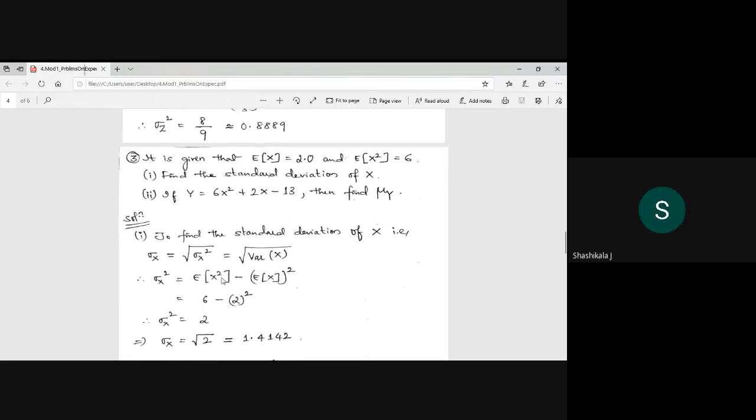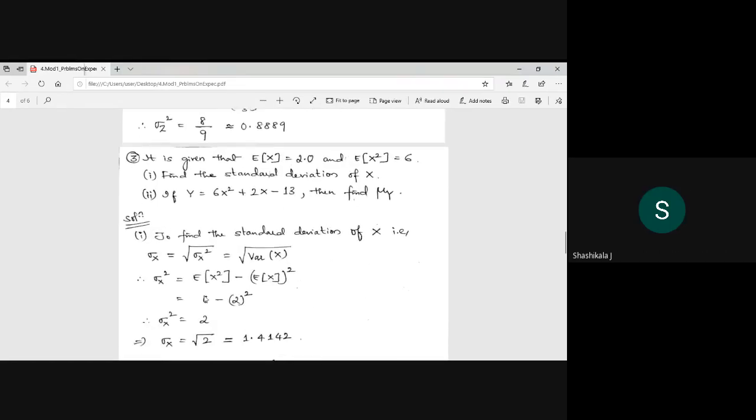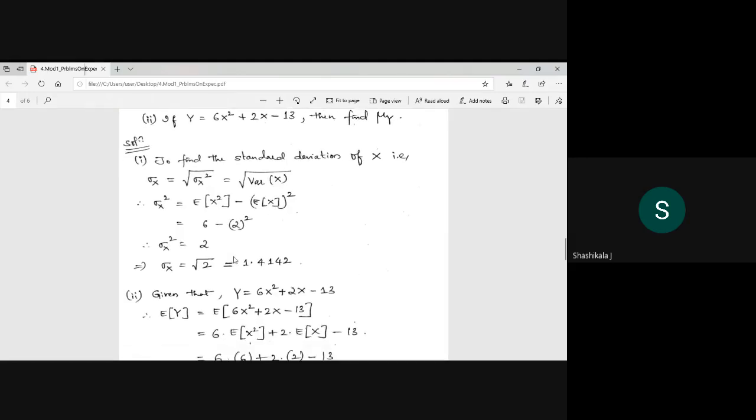You have to calculate sigma x square, the variance, by using these expressions, and then take the standard deviation. Please calculate this properly. E of x square is different, and E of x whole square is different, so take that carefully.